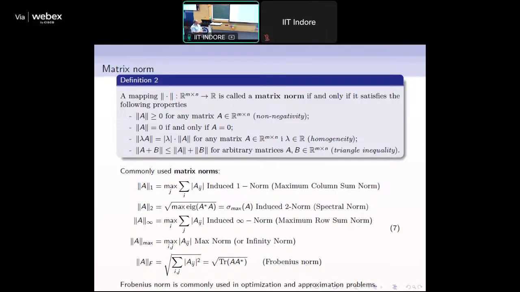Why is the Frobenius norm most useful? Because the Frobenius norm is defined using the matrix trace, and there are possibilities to take derivatives with respect to the matrix norm. We know that derivatives are important in nonlinear optimization, and the Frobenius norm is most important in defining recurrent neural networks.